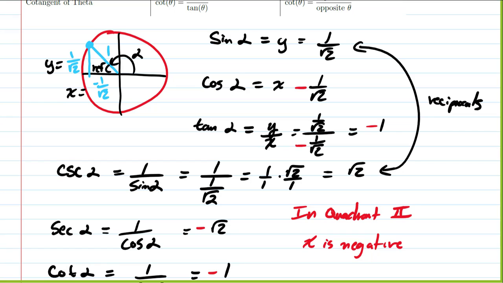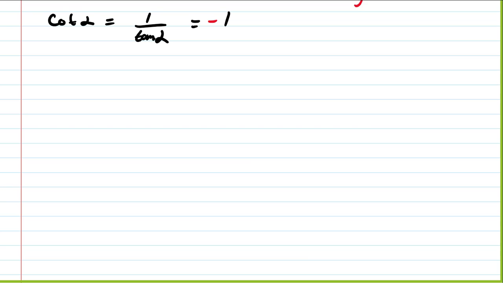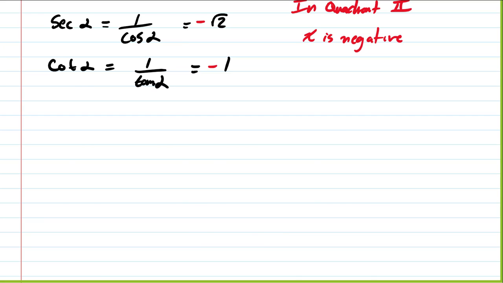So tangent's positive in quadrant 3. And in quadrant 4, x is positive and y is negative. So sine's negative, cosine's positive, and tangent would be negative. So we have to take care and calculate the sign appropriately.